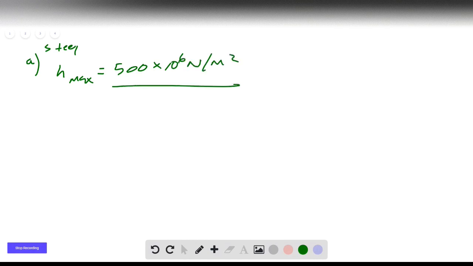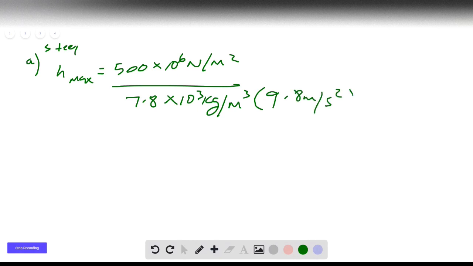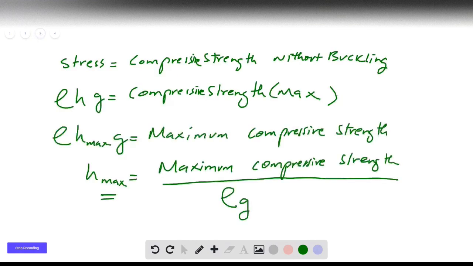And then we also have rho, which is 7.8 times 10 to the 3 kilogram per meter cubed. And we also have to include the acceleration due to gravity, which is 9.8 meters per second squared. So the only thing we're doing in this problem is following this formula right here.